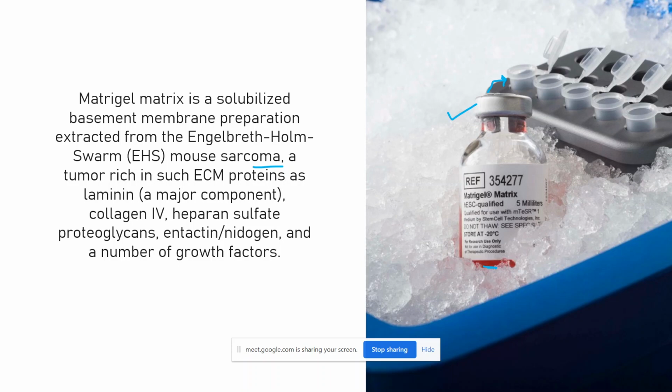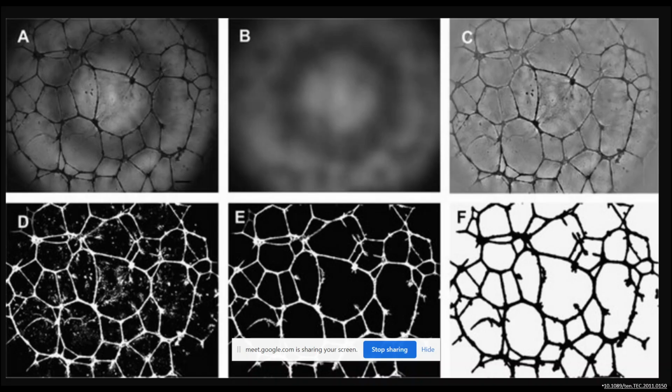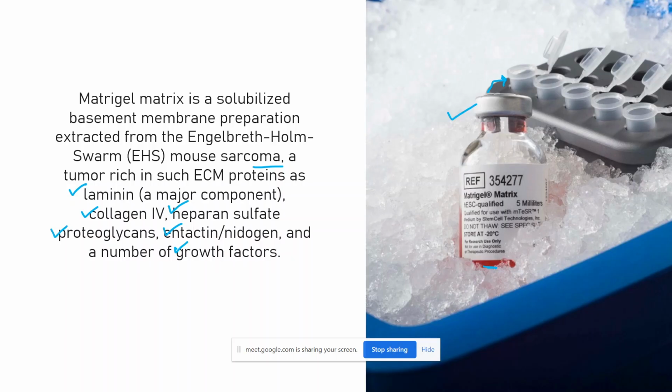So this matrigel also has different ECM proteins such as laminin, collagen 4, heparan sulfate, proteoglycans, entactin, and then a number of growth factors. Because the matrigel has different kinds of ECM proteins, it is highly rich in growth factors.